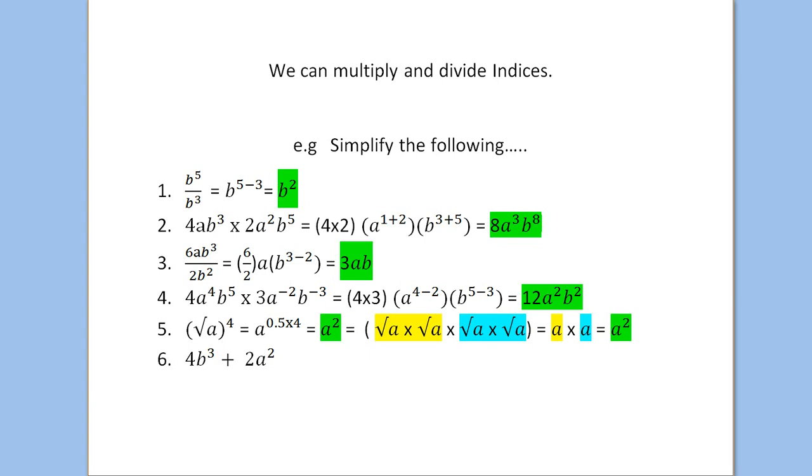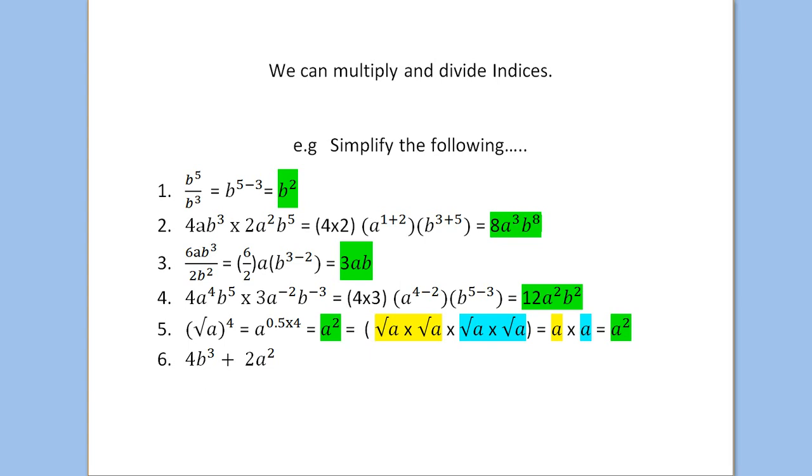For the next one, it's slightly different because there are some negative exponents. Don't be too scared about these. We just apply the same rules the way we did before. So 4 times 3 is 12, that's for the numbers. For the a terms, we have a to the 4th times a to the minus 2. So we treat it the same way we did before.